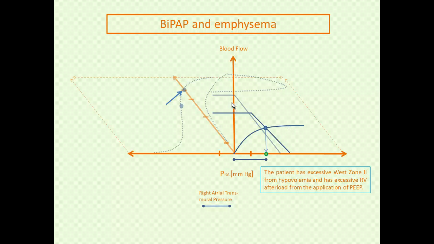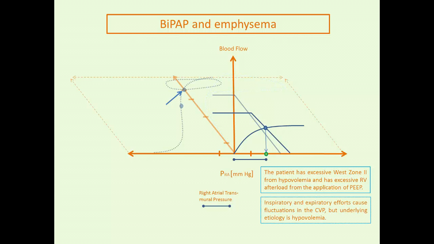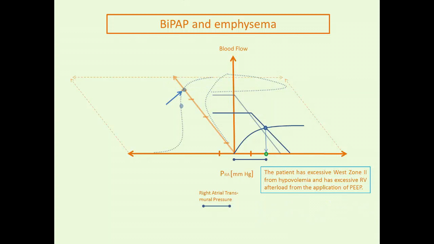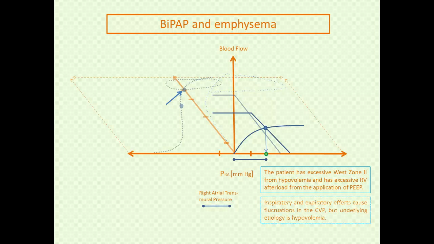The application of PEEP shifts maximal venous return down. It increases even more the resistance to venous return as splanchnic vessels are compressed within the abdomen, so venous resistance increases. And now you have to imagine, this patient is now generating spontaneous breaths.